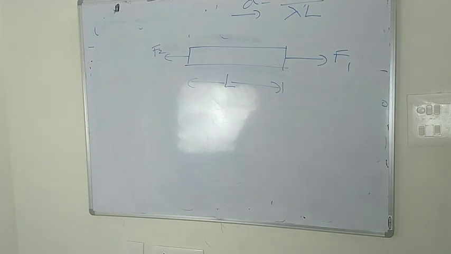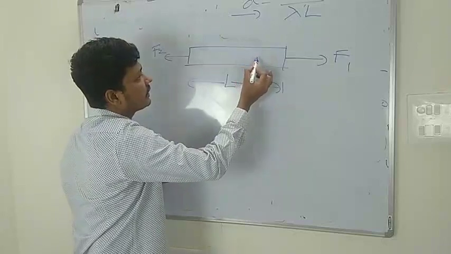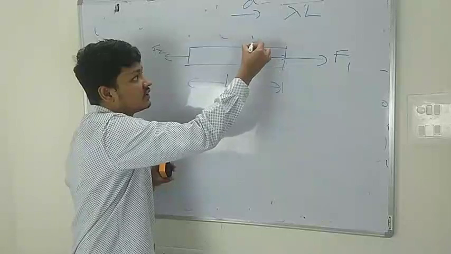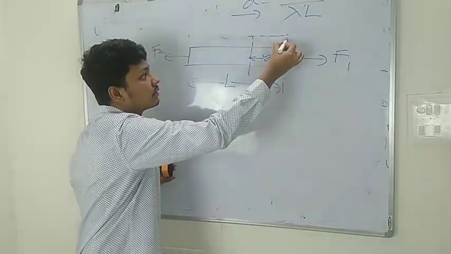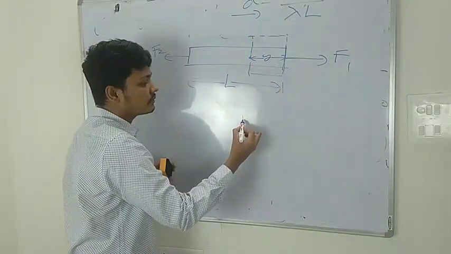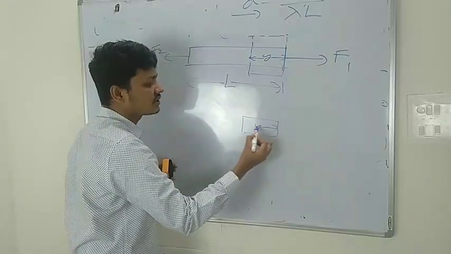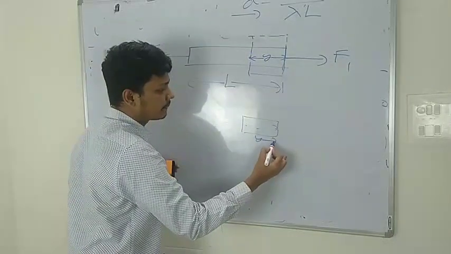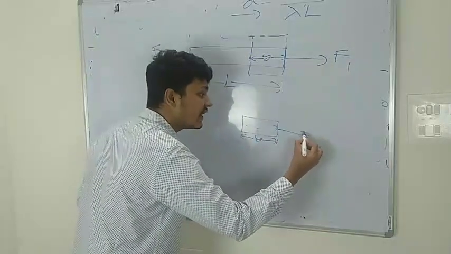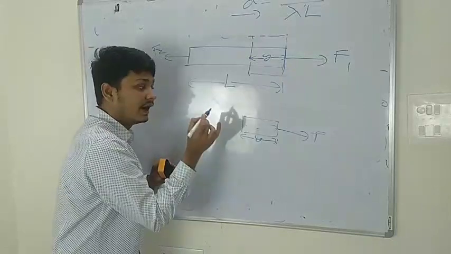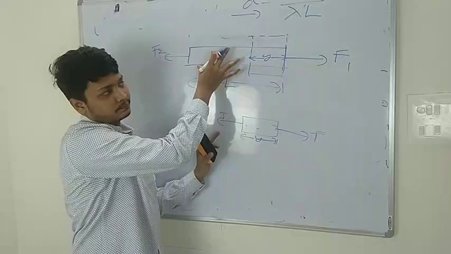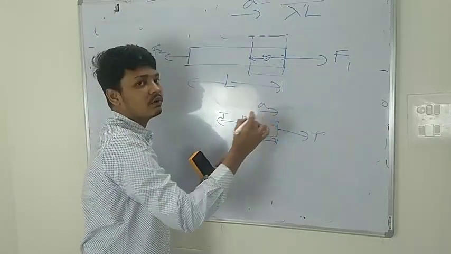Now the tension in the rod at a distance y. Let me consider a point at a distance y, and consider only this part as the system, where this distance is y. What are the forces? One is force F acting here, and the other is tension acting due to the other part. The acceleration we already calculated.